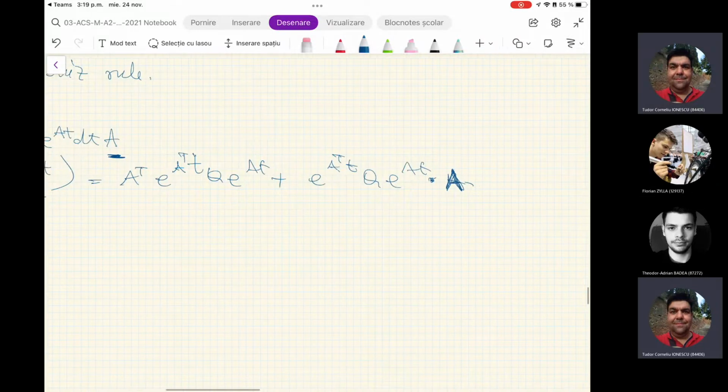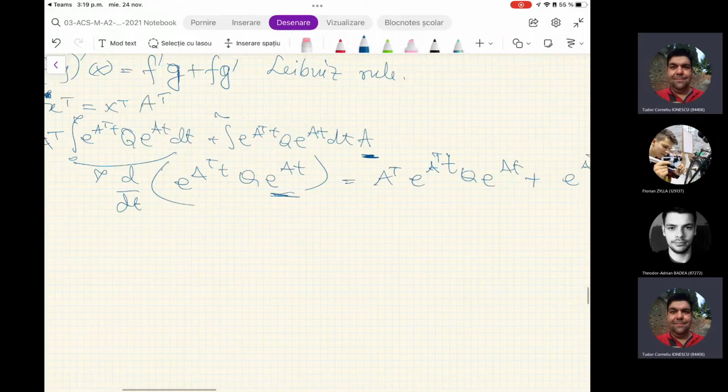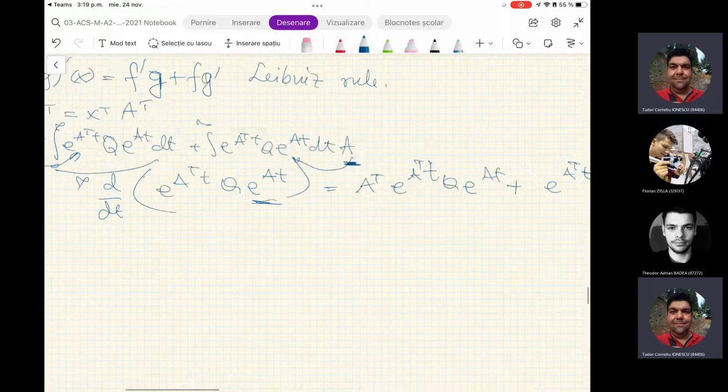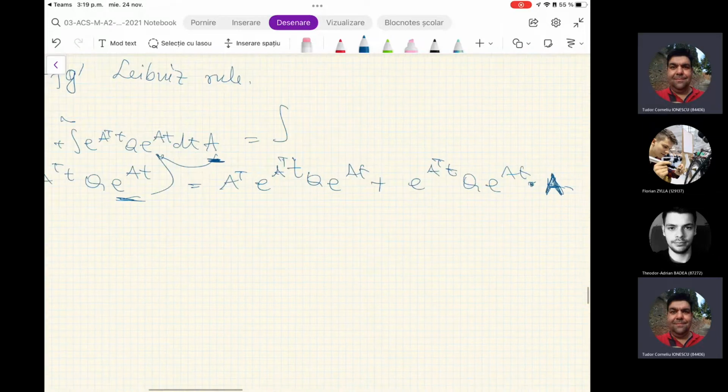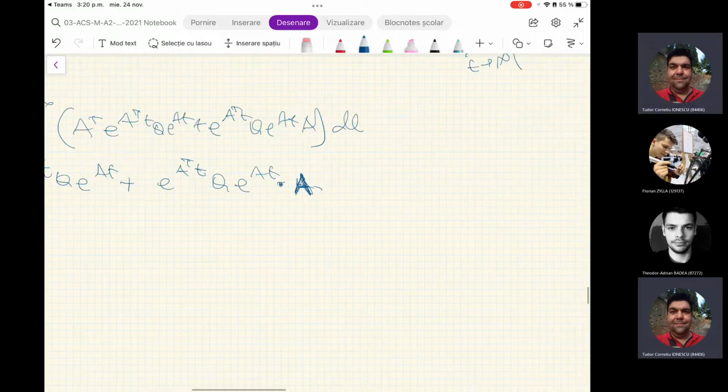So essentially, when you take the primitive of this guy, if you put A transpose here and you put A in this guy, this is the integral between 0 and infinity of A transpose e^(A transpose t) Q e^(At) plus e^(A transpose t) Q e^(At) times A, dt.